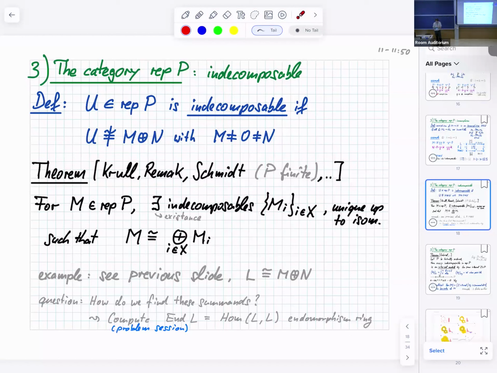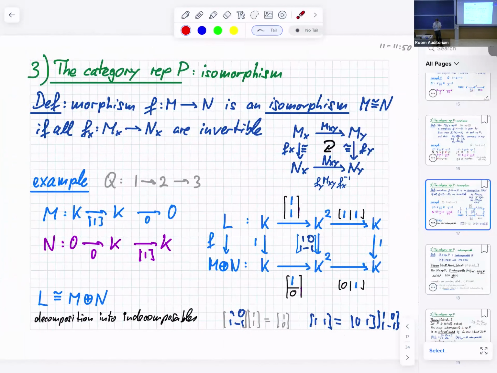An example is to be found on the previous slide. Yes, on the previous slide, we saw that my module L is isomorphic to the direct sum of two smaller modules, M and N. And you can verify that M and N are indecomposable. In fact, they are very small. And how would you go about decomposing?